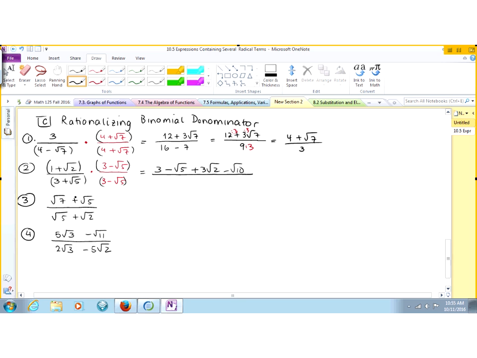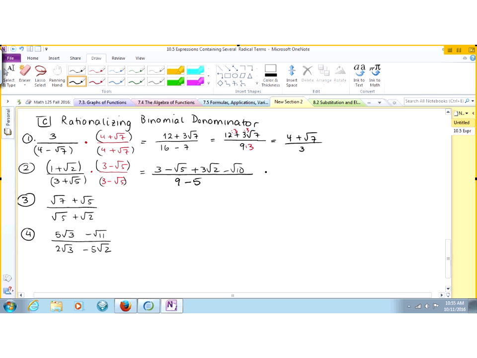And then on the bottom, remember, this is a special product, so we could use the shortcut. What do you know? The outer and the inner will cancel, so you only have the first and the last. What is the first? 3 times 3, which is 9. What is the last? Square root of 5 times negative square root of 5.